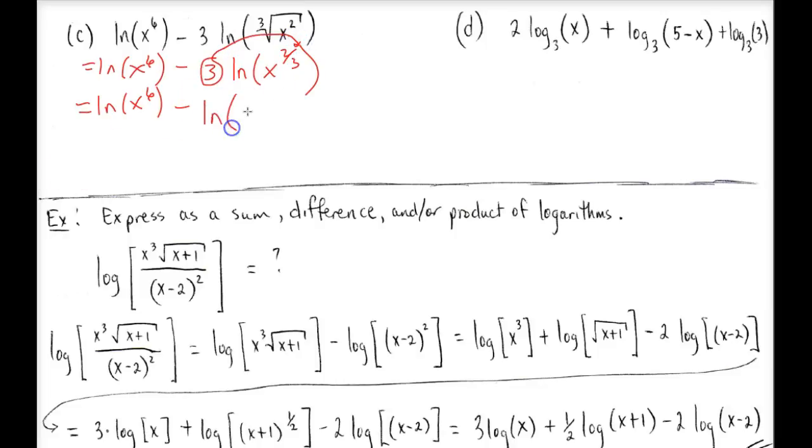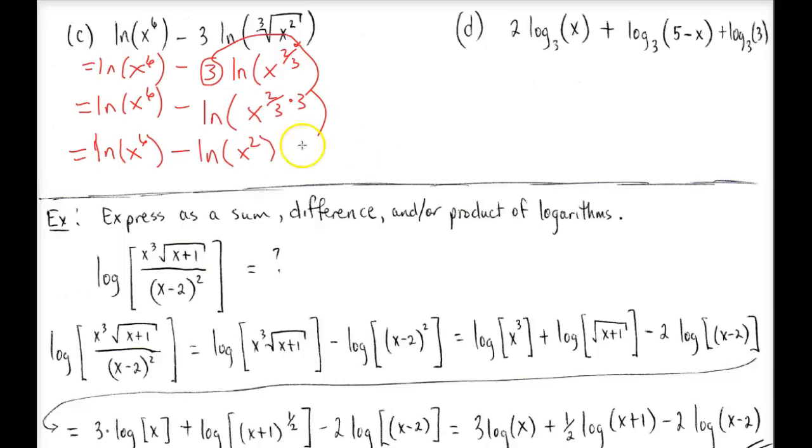This would be natural log of x raised to the 2/3 times 3, okay? And we know 2/3 times 3 is just 2, so that would just be x squared.